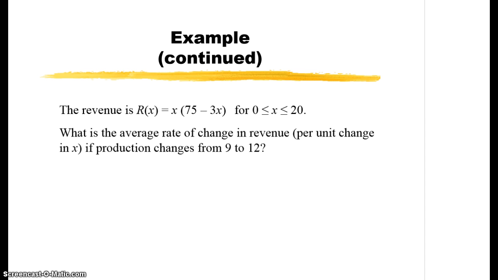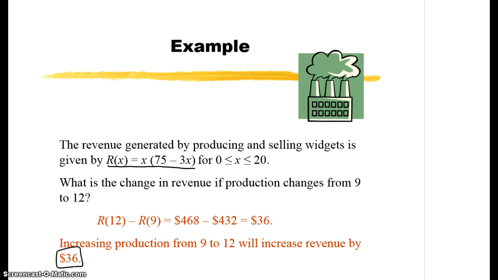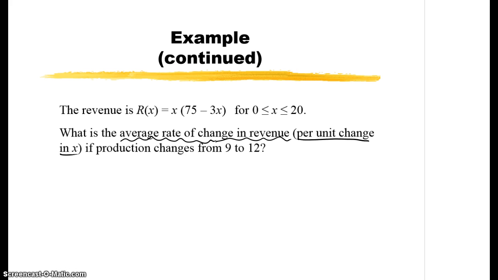Okay, so the revenue is that formula again. What is the average rate of change now, says the question, in revenue per unit change in x? That's what that means. So what is the average rate of change in revenue if production changes from 9 to 12? Compare that to the earlier question, which was just what is the change in revenue alone. So change in revenue could be denoted this way, and that was just R12 minus R9. Now, in the next example, we're looking at average rate of change, in other words, the change per unit in x.